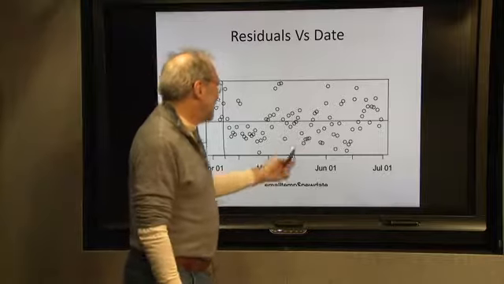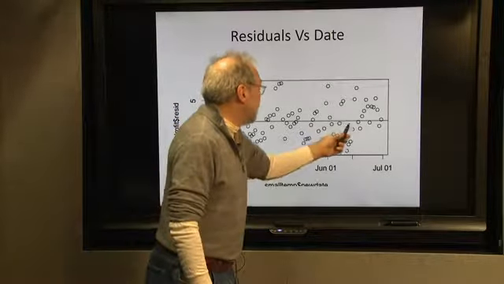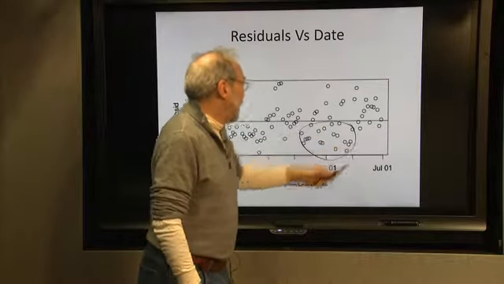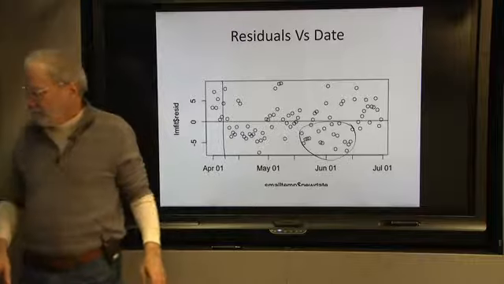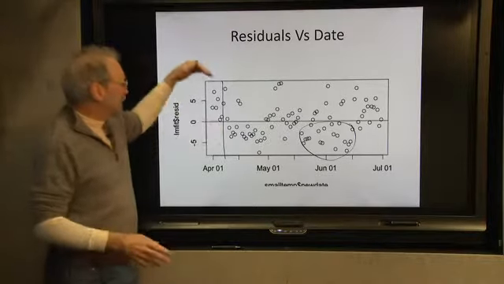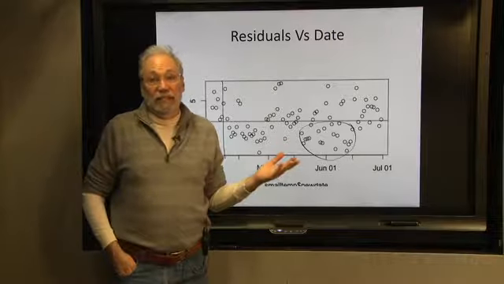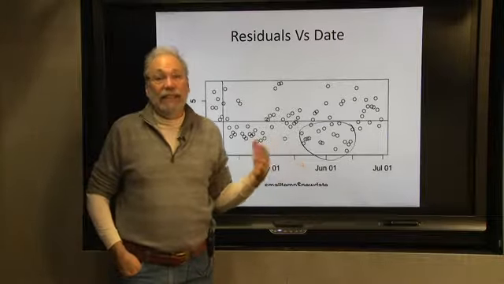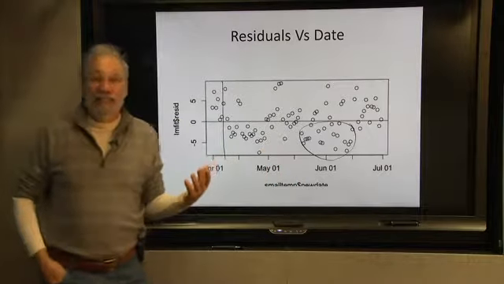And more of the residuals are negative here. And that suggests that maybe there's really some curvature in the relationship between temperature and date that we haven't quite fit.